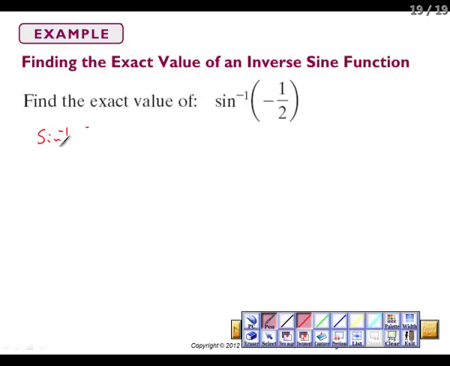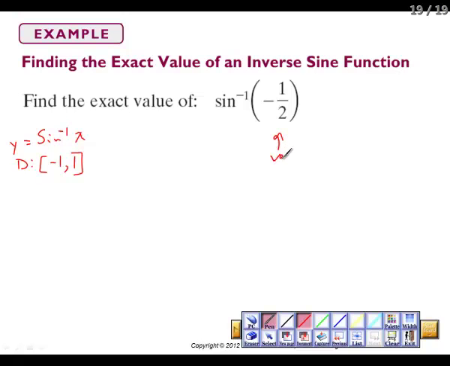If we're looking at y equals inverse sine x, our domain has to be between -1 and +1, which we're in there. -1/2 is in between -1 and +1.